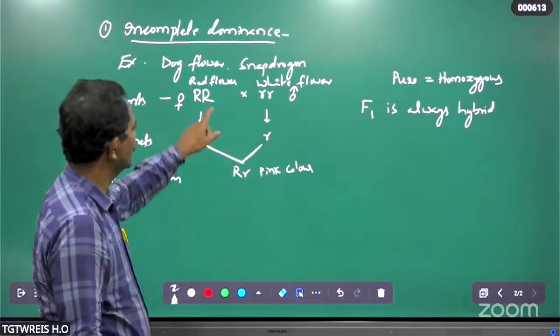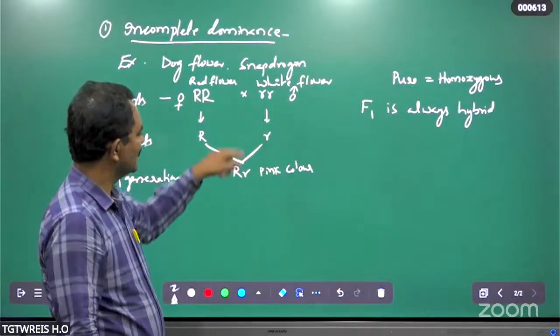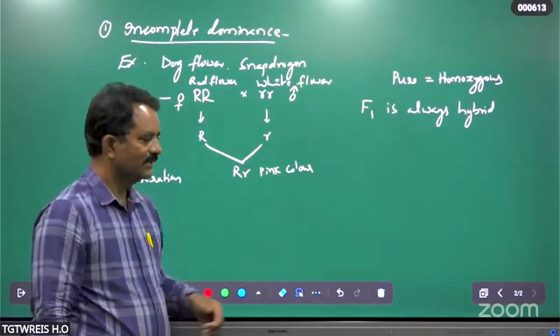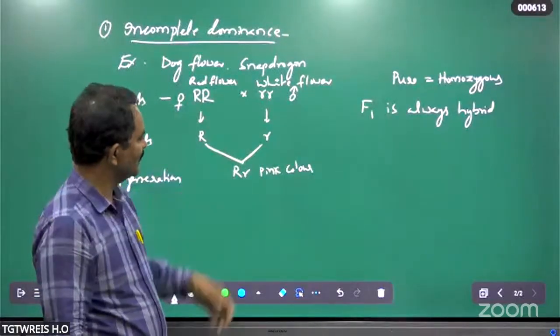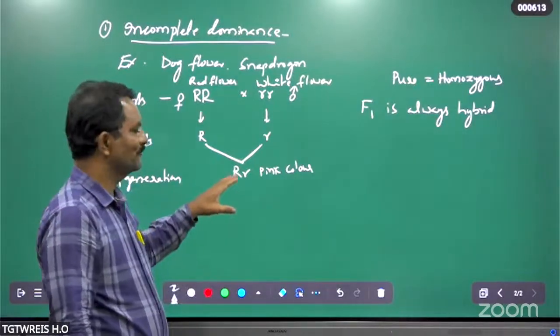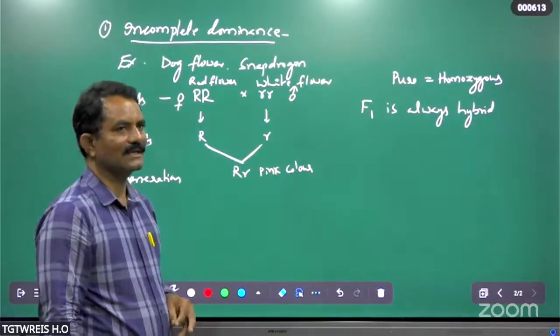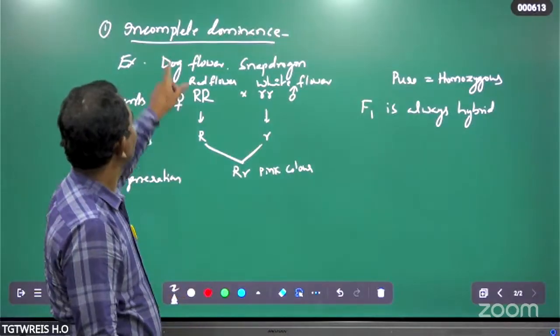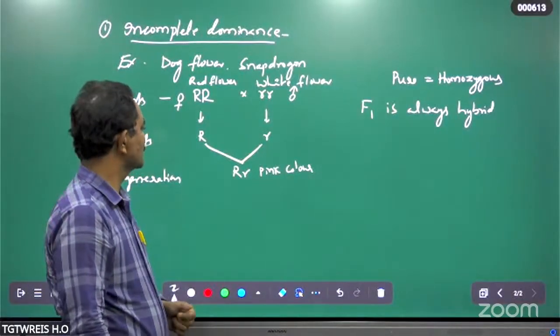One parent has red flowers, another parent has white flowers. After crossing, we get the F1 generation, which shows pink color. According to the law of dominance, that should be red, but here the F1 phenotype is deviated to pink color. This is called incomplete dominance.